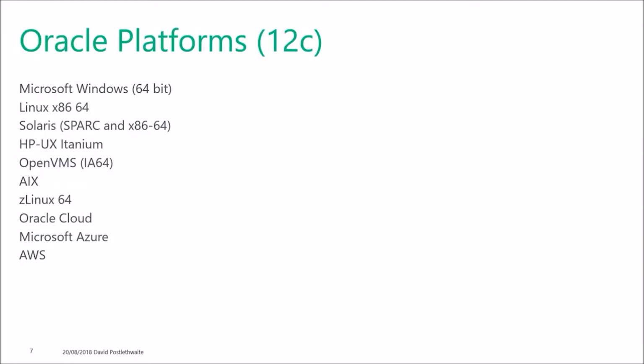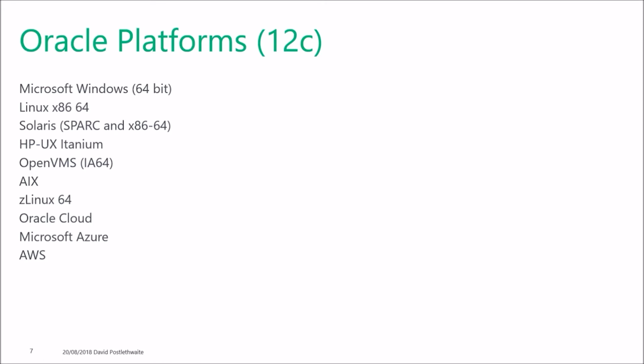As I've already said, Oracle runs on many platforms. This is a complete list of all the platforms for current version 12C, so you can see we can run it on Windows and Linux, Solaris, and various other things. Z Linux, which is a Linux operating system for the IBM mainframe. Oracle obviously has its own cloud offering, and you can run Oracle on Microsoft Azure as well as AWS.